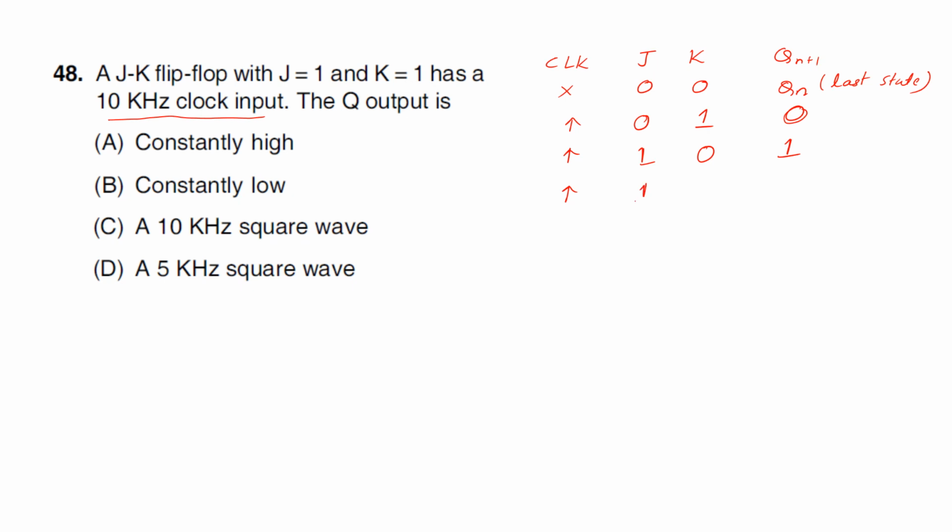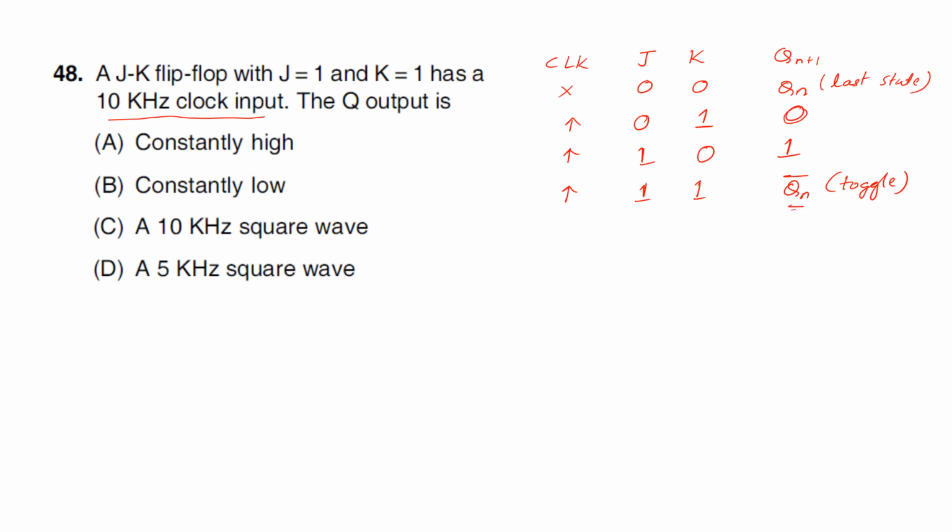When J is equal to 1 and K is 1, that is, J and K both are high, it goes to toggle state. Means if the initial last state is 1, it will go to 0. If it is 0, then the output will be 1.